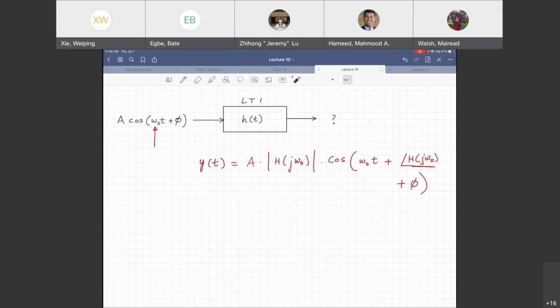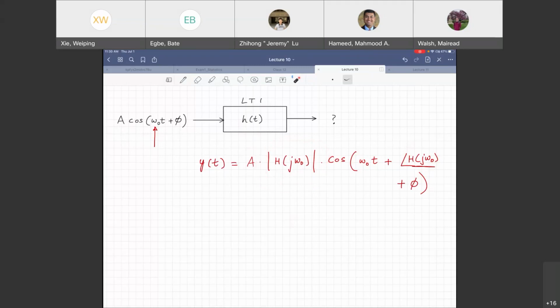That's it. Now, there are other ways of thinking about this. If a cosine comes in to an LTI system, the output will change in two ways. One, amplitude, the other, phase, right? That's the only way it's changing. How is the amplitude changing because of the system? You evaluate the magnitude of the transfer function at that frequency, and that's how the amplitude of the output gets modified.